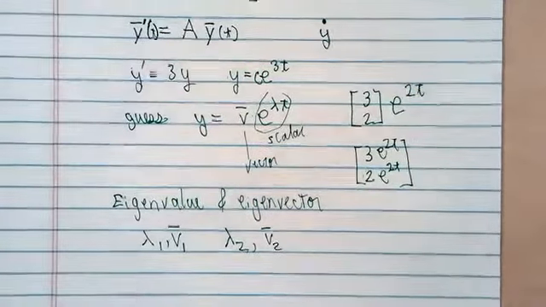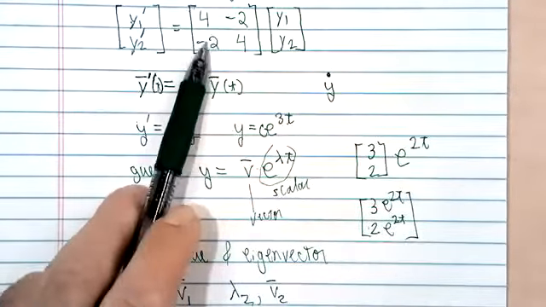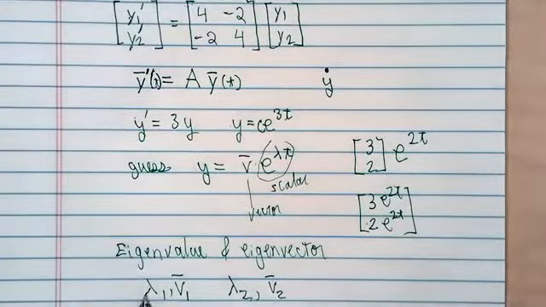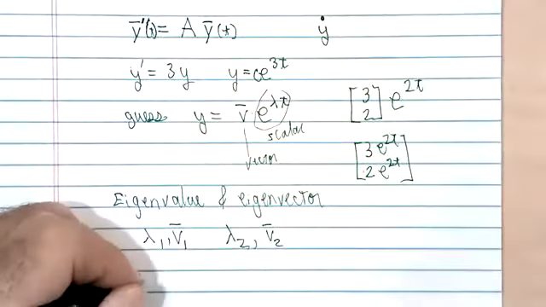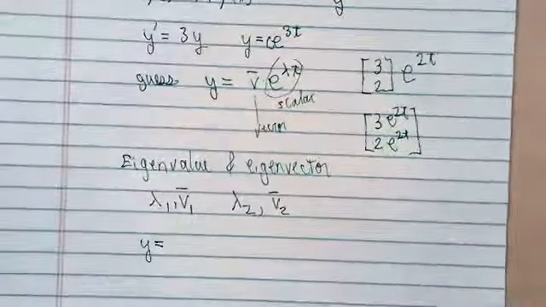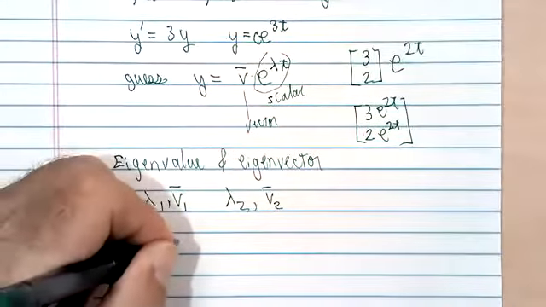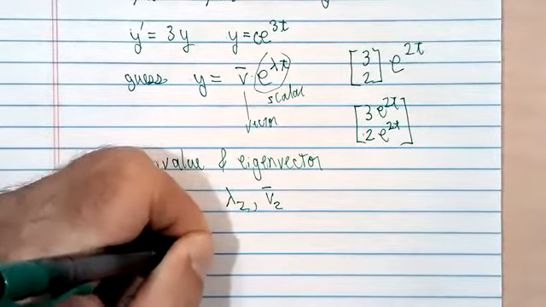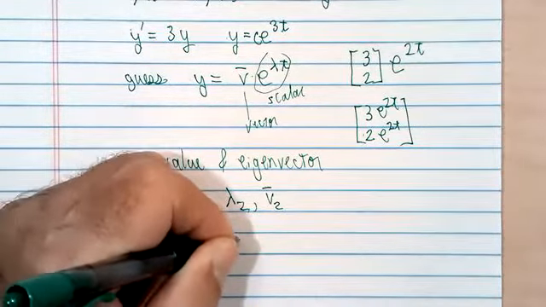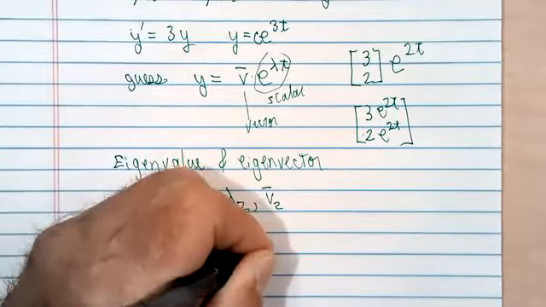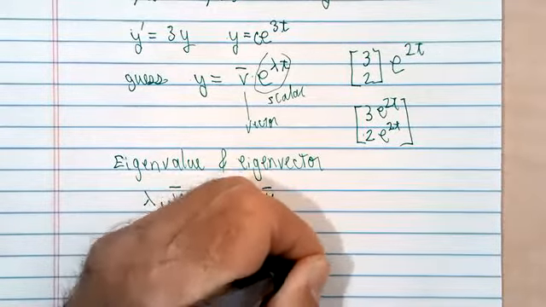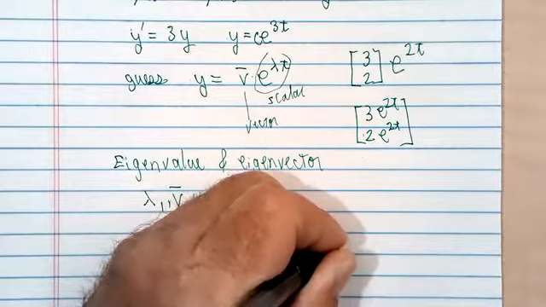And it turns out that in a case like this one, if you can find a pair of vectors and eigenvalues, then the solution would be this. I'm not trying to justify it right now, I'm just reporting. It's C1 V1 e to the lambda 1 t plus C2 V2 e to the lambda 2 t.